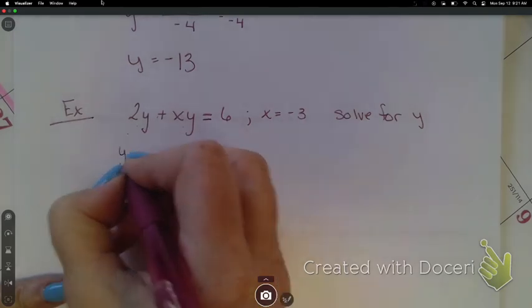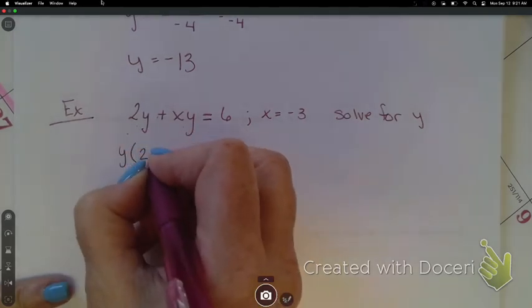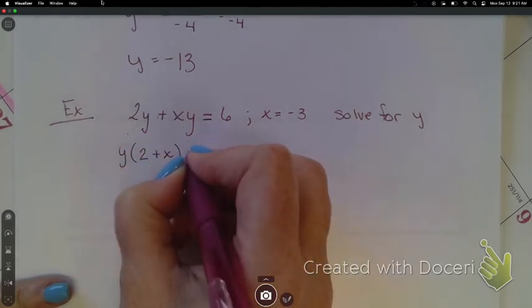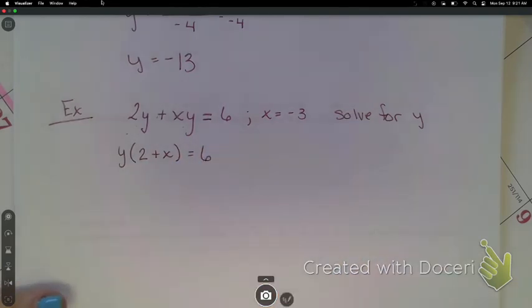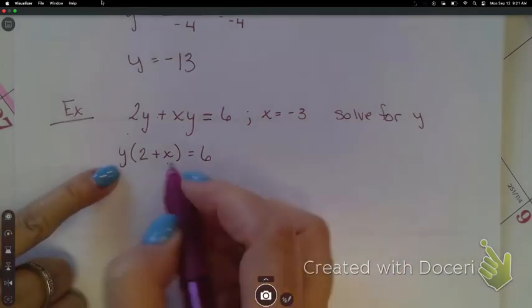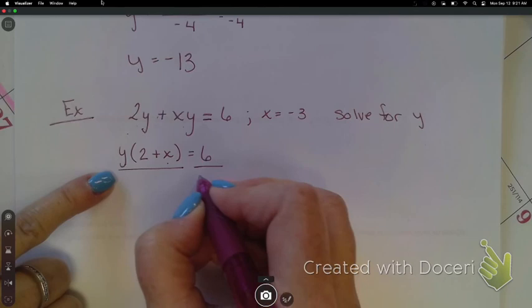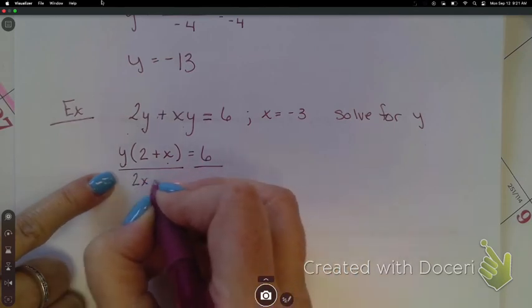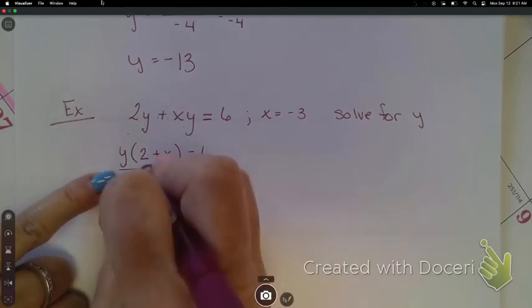If both things have a y, can I factor out a y? So y times 2 plus x equals 6. You just factored, you don't want to distribute. This is multiplication. How do I undo multiplication? Division. So I'm going to divide by 2 plus x.